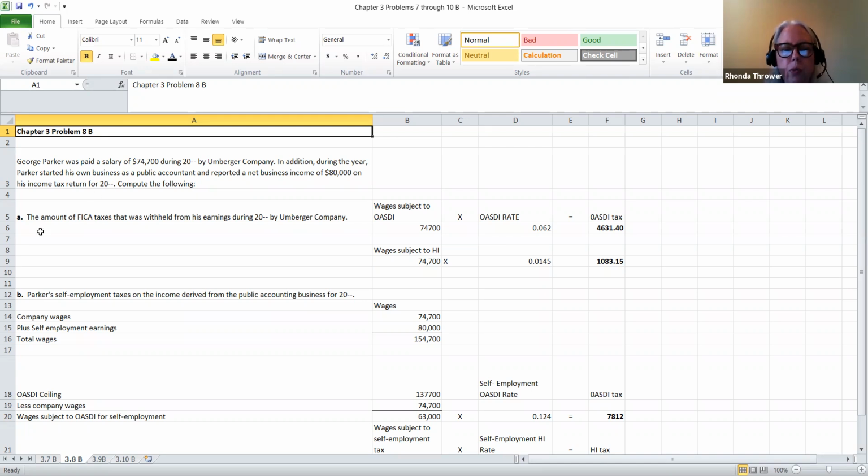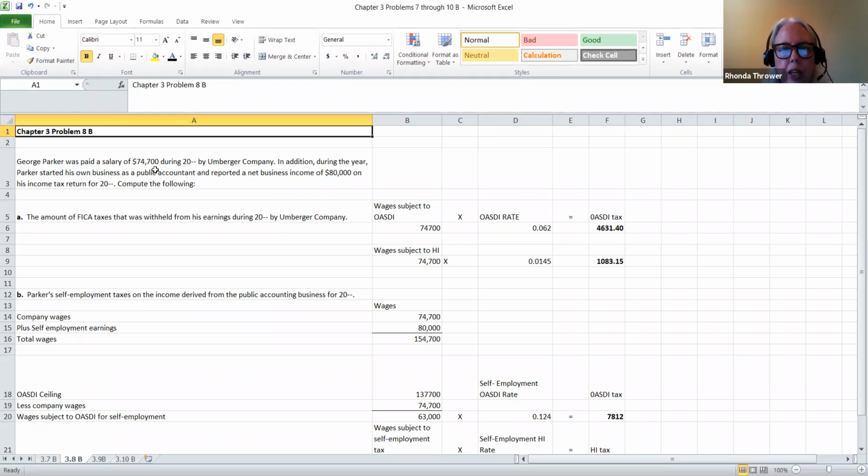So in the first part of this problem, they're asking you only to calculate the amount of FICA taxes that was withheld from his earnings by the Umberger Company. He earned $74,700. That $74,700 is under the OASDI ceiling of $137,700.